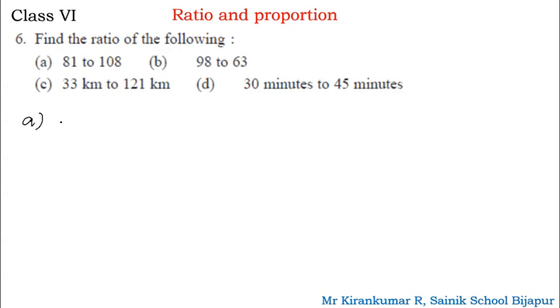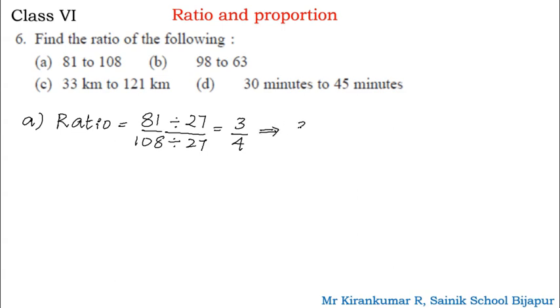In the first one, the ratio will be 81 upon 108. Both are divisible by 27. 27 3 times is 81. 27 4 times is 108. So we get the ratio as 3:4.